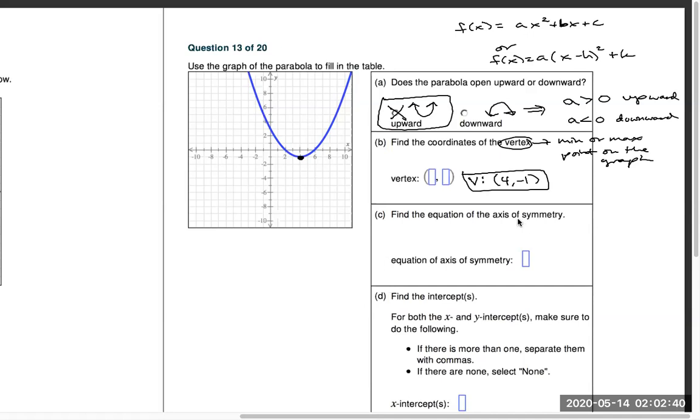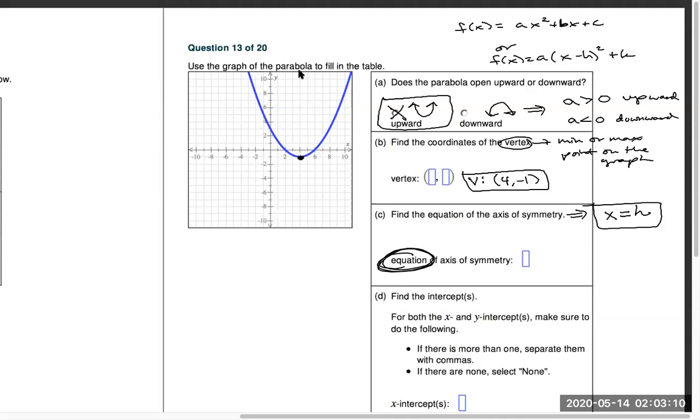For the axis of symmetry, I'm going to be giving you parabolas that look like this. They're not going to be sideways parabolas. So the axis of symmetry is going to be the equation x equals h. Make note, very important. An easy way to think about that when you see the graph: you see where the vertex is?